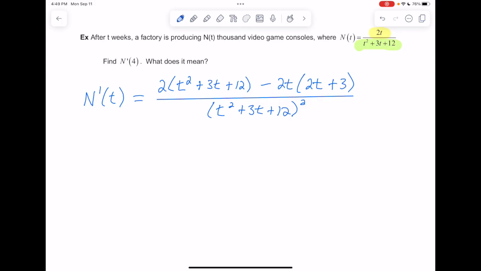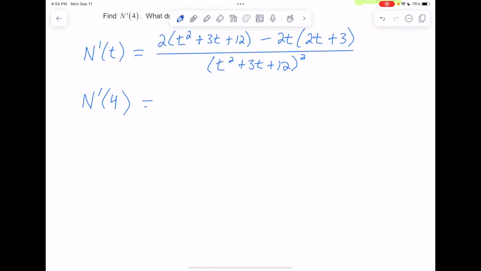Is that necessary? Not really, because they want N prime of 4, so we can just jump right in there and plug the number in and then simplify. So plugging in the 4, we get 4 squared plus 3 times 4 plus 12, in those parentheses, minus 2 times the 4, and then in parentheses 2 times 4 again, plus 3.